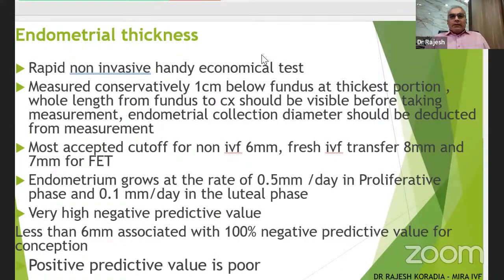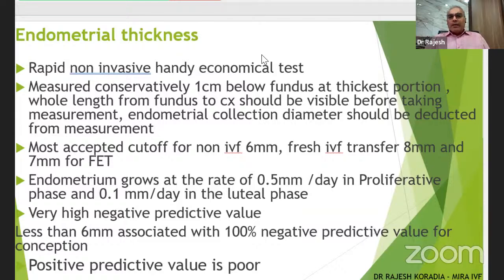To measure the endometrial thickness, sonography is the most rapid, non-invasive, handy, and economical test. The endometrial thickness is measured conventionally 1 centimeter below the fundus at the thickest portion. But you have to understand that the whole length of the endometrium from fundus to cervix should be visible before taking the measurement.